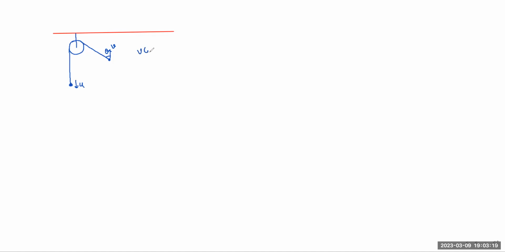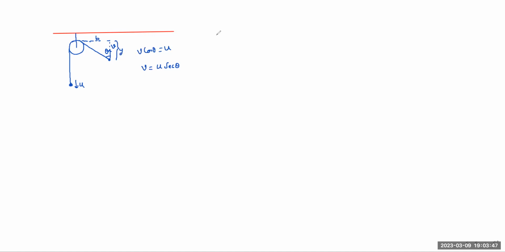So v cos theta is equal to u. That's it. So what is v? u sec theta, correct? And as you go up, this segment will shrink. That's called y.